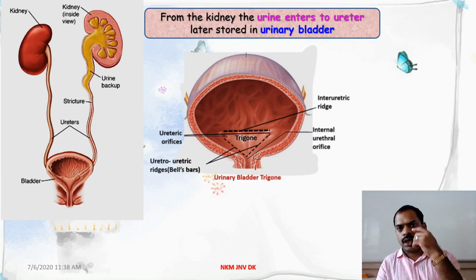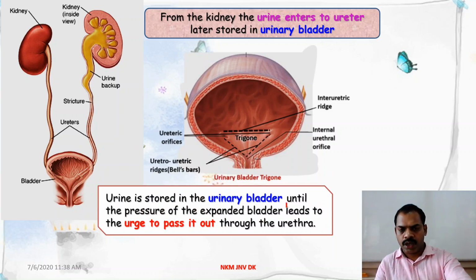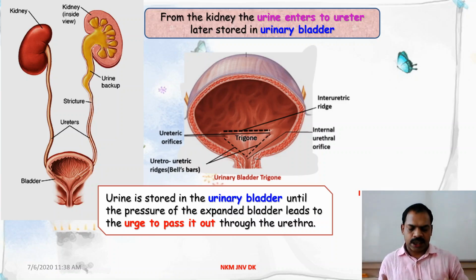Okay, so from the kidney, the urine enters into the ureters, and through the ureters, you can see here, enters the urinary bladder. Then urine is stored there. Then the pressure is generated as it is filled, and our brain will give an urge: I want to go to the toilet.